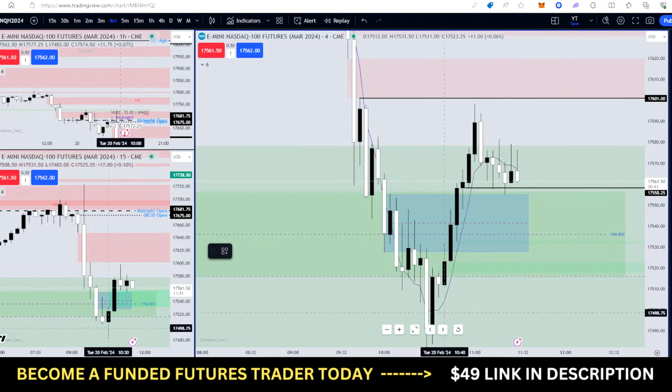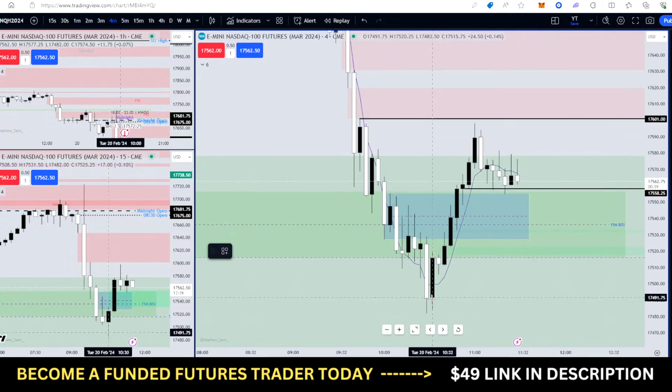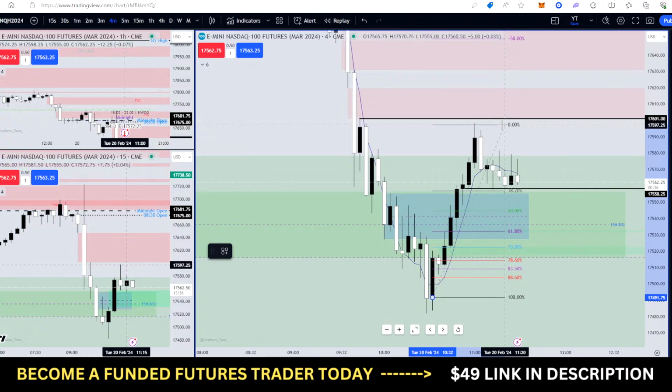Let's just measure and see how large this area is, just in case we see a full scale retracement.